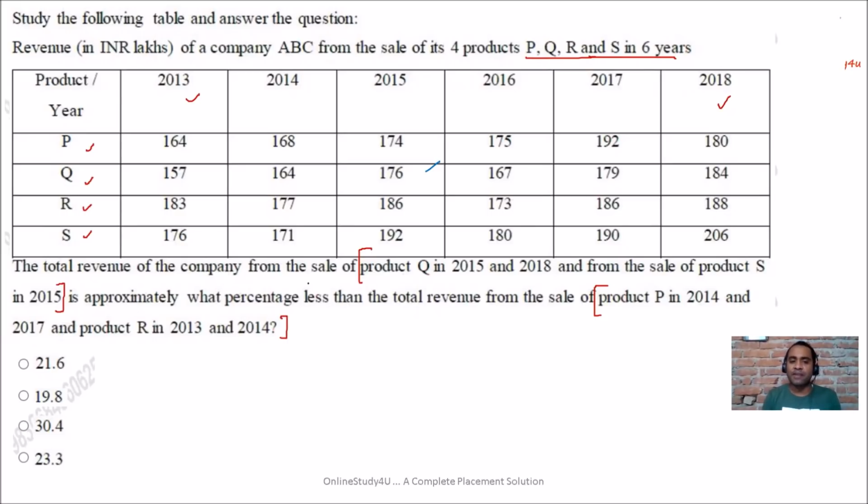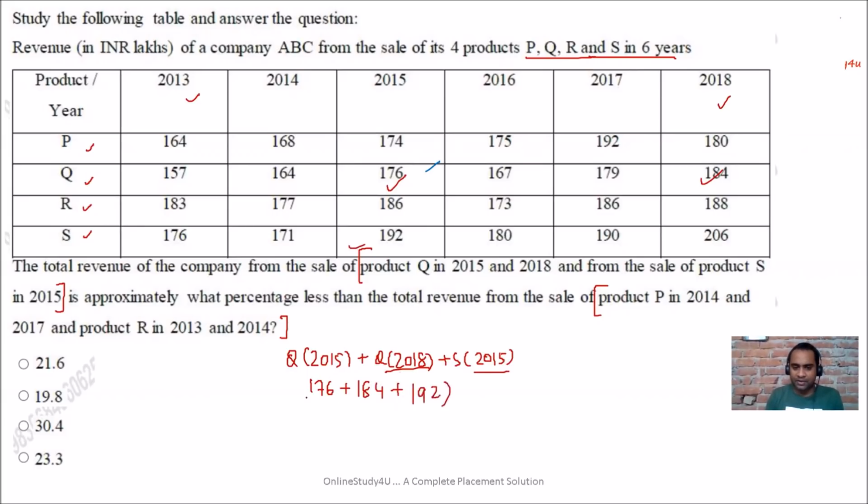The total revenue of the company from the sale of product Q in 2015 plus Q in 2018, so let us get the data, and S in 2015. Q in 2015 is what we can see here, 176. Q in 2018 is 184, and then S in 2015 is nothing but 192.